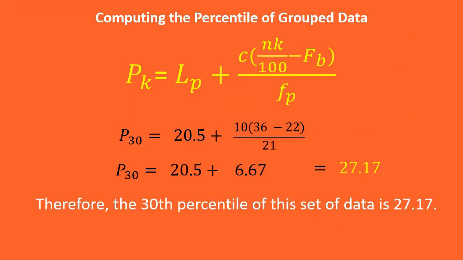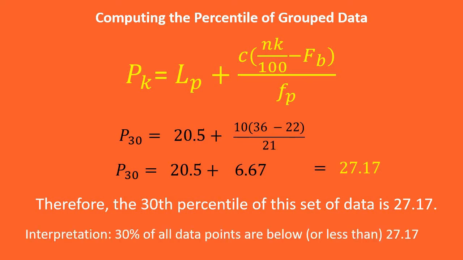So the 30th percentile of the set of data is 27.17. If we interpret this value, this means 30% of all data points are below or less than 27.17. So those are our steps in computing the percentile of grouped data.